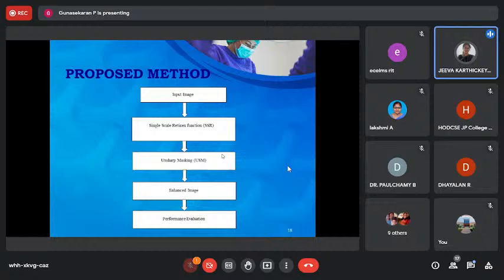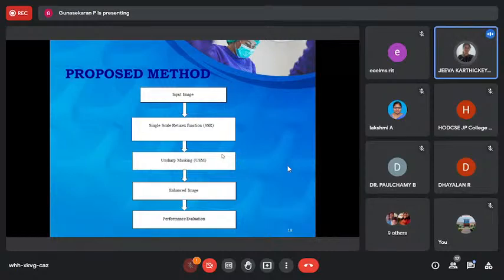Our proposed method is the combination of single scale Retinex with unsharp masking. First we collect the data set of GI tract images. Those images undergo the single scale Retinex function, which is basically a logarithmic function. It is used to enhance the contrast of the image as well as reduce the noise content.